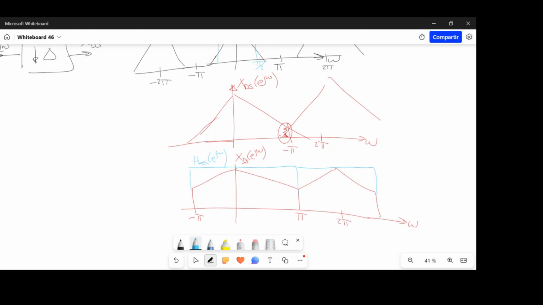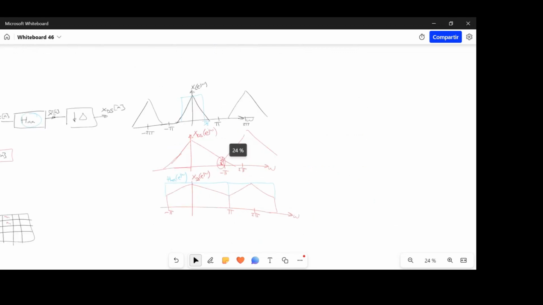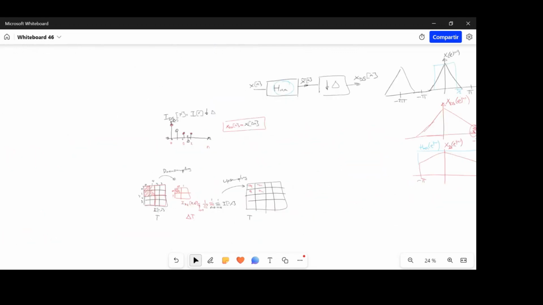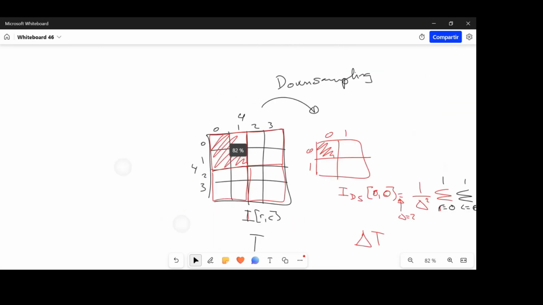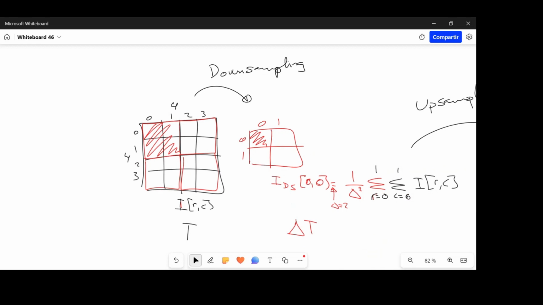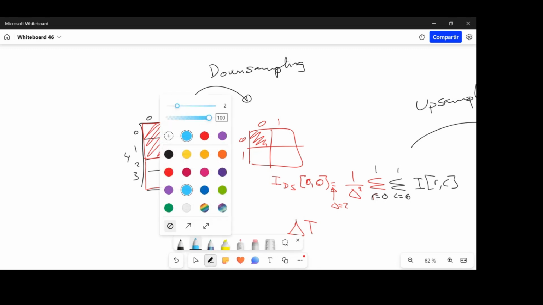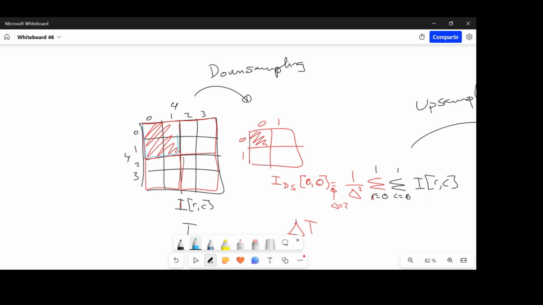So let's look again at what we are doing. The anti-aliasing filter is a low-pass filter. So this operation of taking all the pixels and averaging is our anti-aliasing.